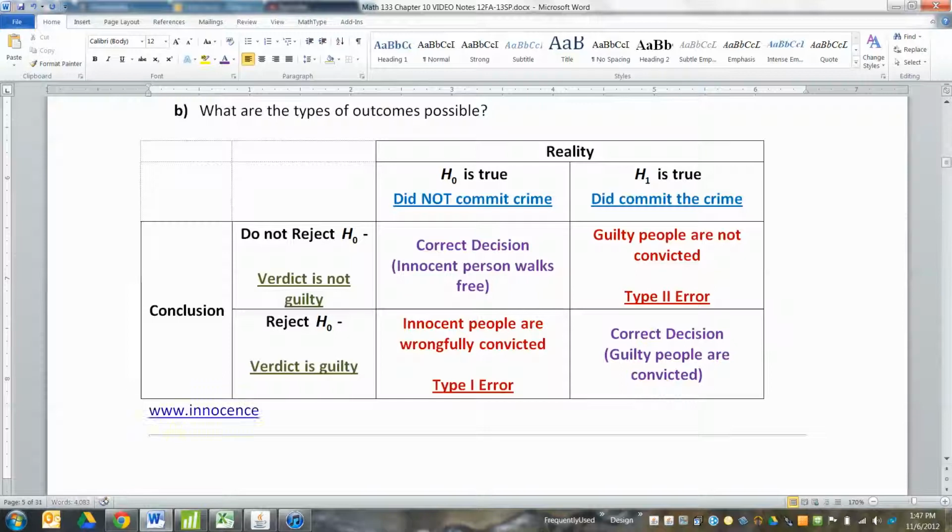As a matter of fact, we know that has happened in the US because several people have been exonerated after the fact. If you're interested in more on that topic, I would recommend a movie they made called After Innocence, which I'll put up here. You can find it online.